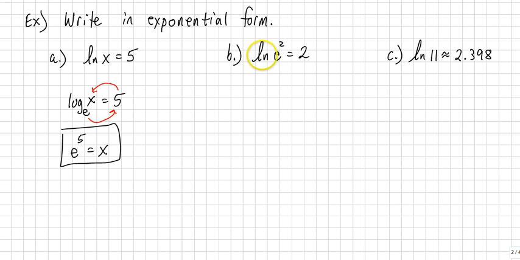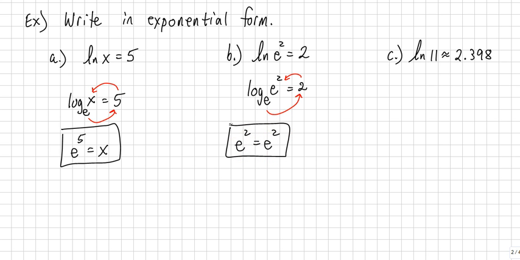Let's try it again. So natural log of e squared equals 2. Well, you could write it as log base e of e squared equals 2. And then again, if the circle thing is helpful, then it would be e squared equals e squared. So that would be exponential form.